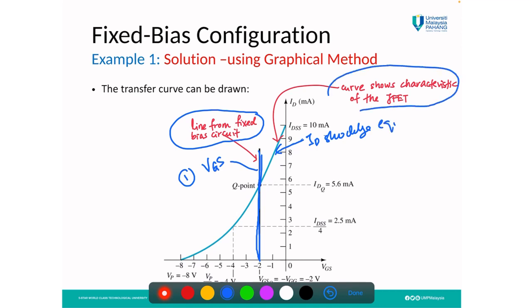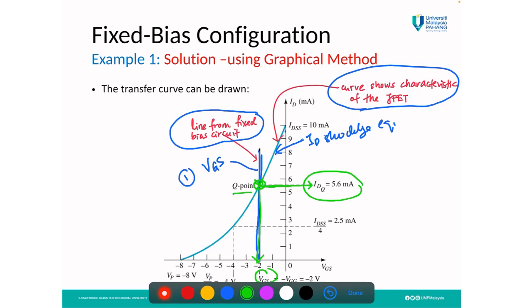The curve shows the characteristic of the JFET. Once you get this curve and the line, we find the intersection here. So the Q point is here, which gives the value for IDQ, and the same with VGSQ. Actually from the equation we already get the VGSQ, we only want to find the IDQ here.